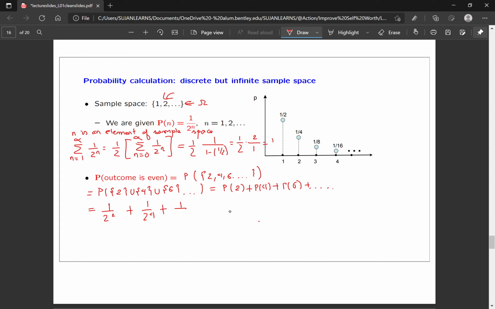Probability of 6 is 1 by 2 power 6, etc. Next, we can take 1 by 4 common. That would give us 1 as the first term, the second term is 1 by 2 to the power 2, and the third term is 1 by 2 to the power 4, etc. This is what we get.